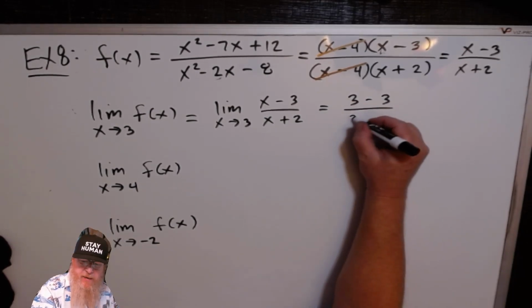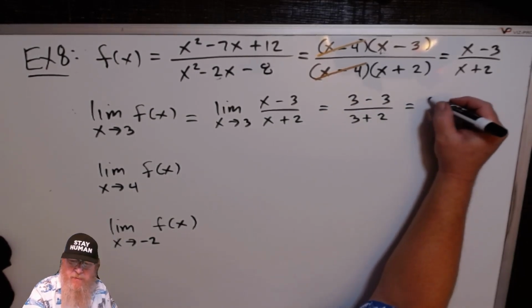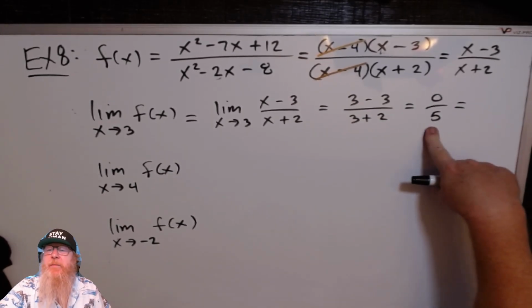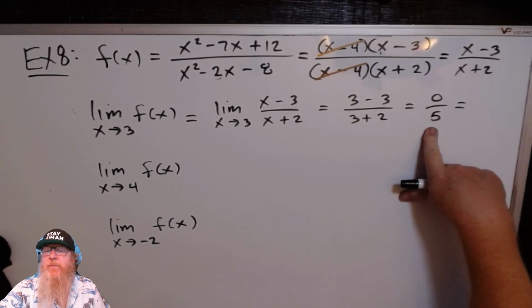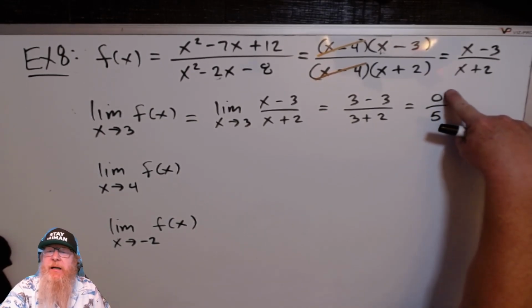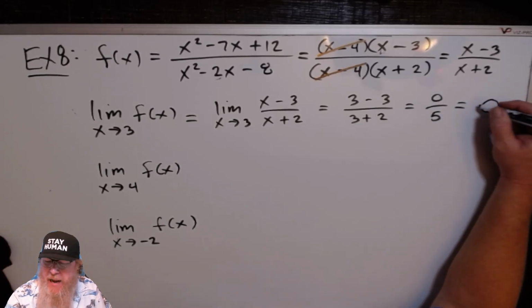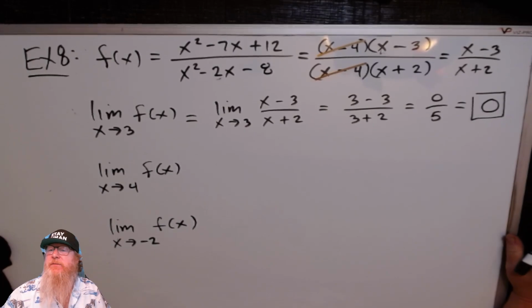And look how nice that is. Now, I do get people who will email me. I got one, I think, yesterday. When you get 0 in the numerator, sort of a panic button goes off. Don't panic. You didn't do anything wrong. 0 divided by 5 is just 0.